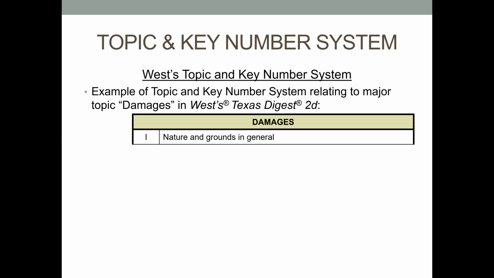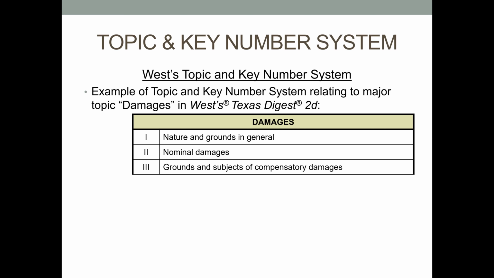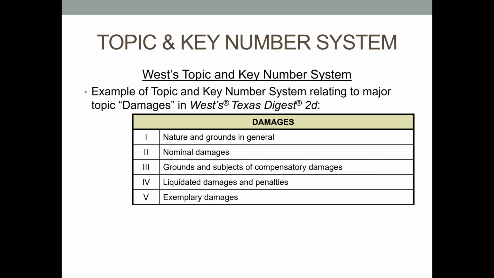Nature and grounds in general of damages, a particular type of damages known as nominal damages, another type of damages known as compensatory damages, another type of damages known as liquidated damages, another type of damages known as exemplary or punitive damages, and then another legal concept involving how you measure damages. That is the amount of money that a plaintiff will recover in a case.